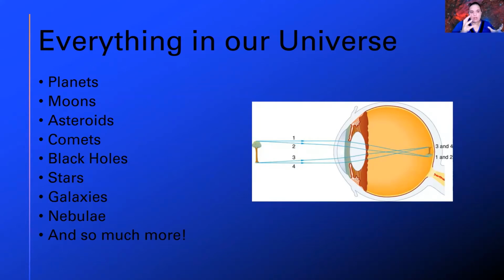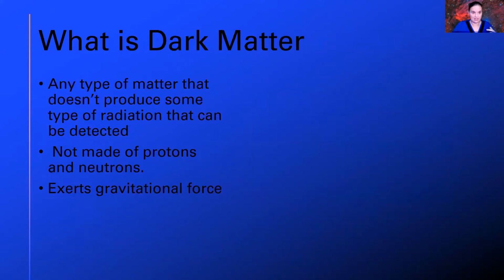So all the stuff that you can list that's up in our universe in space is baryonic matter because we're able to detect it. We're able to see it with our own eyes. But what about stuff that doesn't produce photons, even in the form of not only visible light, but infrared light or UV light, anything that can be detected? That is what is dark matter.